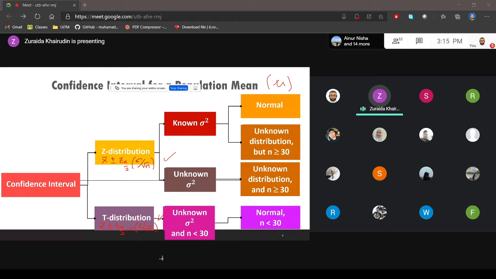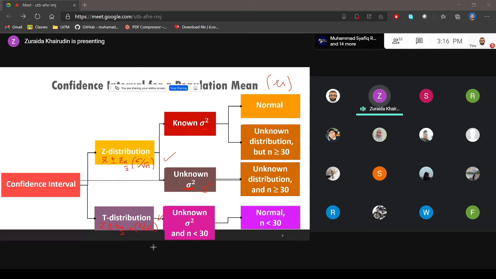Usually for this, when I say known variance, that means you know the population variance. When I say unknown variance, that means this is your S square, sample variance. So when you know your sigma, and it's normal distribution or unknown distribution but sample size more than 30, you use this formula.